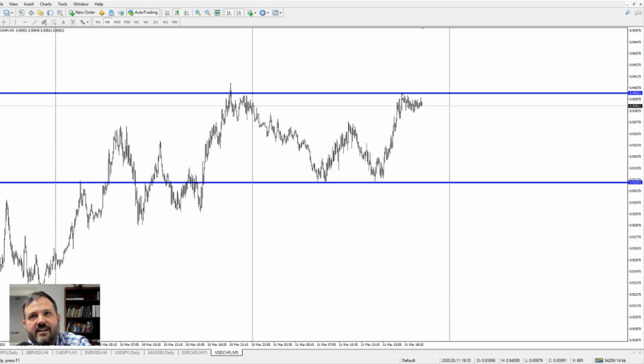It touched it, didn't make it, and if it takes this one, then that is a clue that the breakout will be a little stronger because the first one didn't make it. Now, that's not anything that you can rely on and say, oh, well, Casey said this, so it must work all the time. That's actually not accurate at all. But it's just another factor that you can consider.